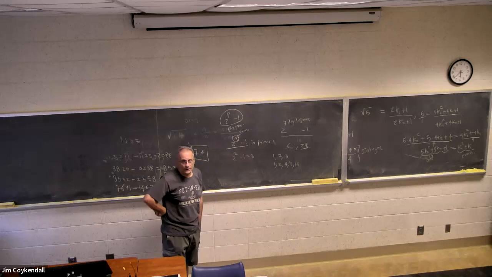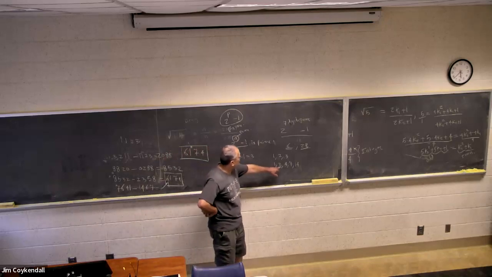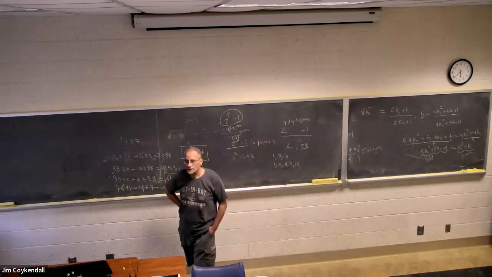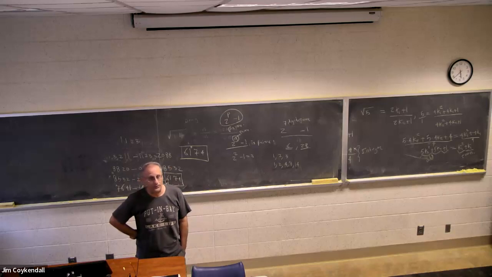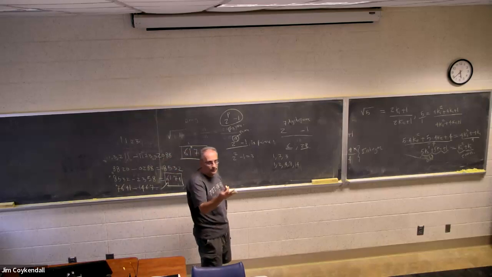It should be 21. If you add 1 plus 2, 3, 7, 14, plus 14, 28. So 28 is a perfect number. Okay? Now, here is the outcome of the connection.